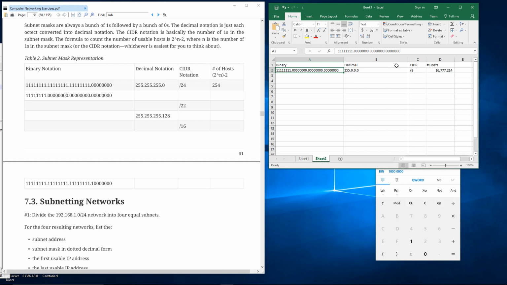As a general rule of thumb, 1,000 computers is the most that you want to put on one subnet. So this one, it's basically just too many. It's valid, you could use it, as long as you didn't actually use up all of those IP addresses.